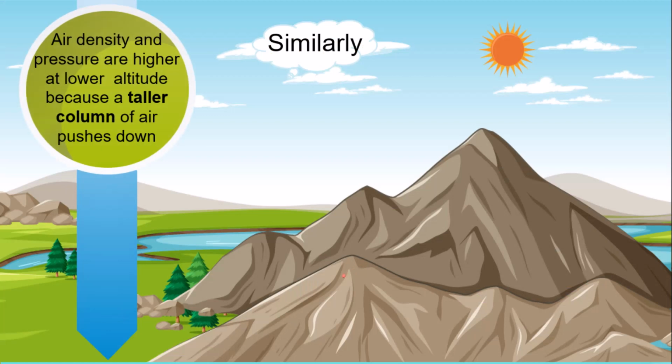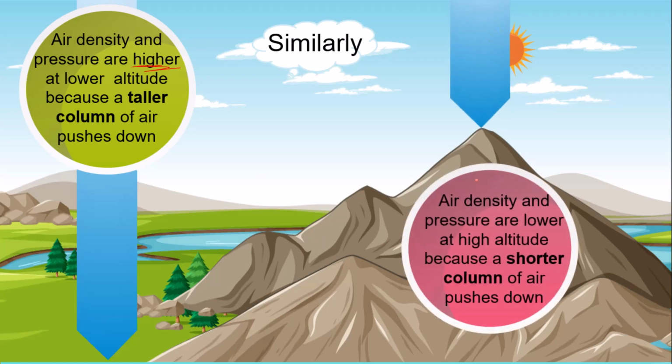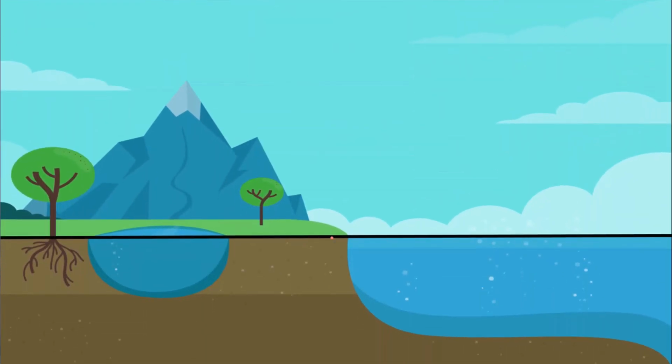Similarly, at lower altitude, the air density and air pressure are higher due to the taller air column pushing on the ground, and at higher altitude, the pressure and air density are lower because of a shorter air column pushing on the ground. So again, lower altitude has a taller air column, meaning more mass, more pressure.